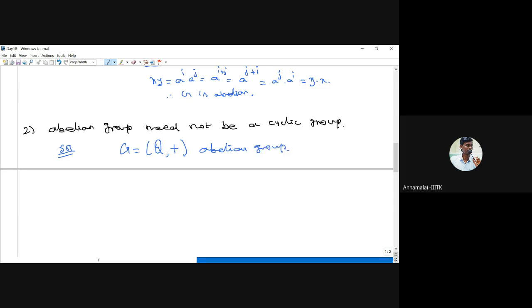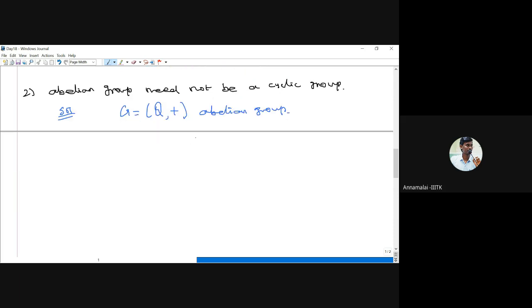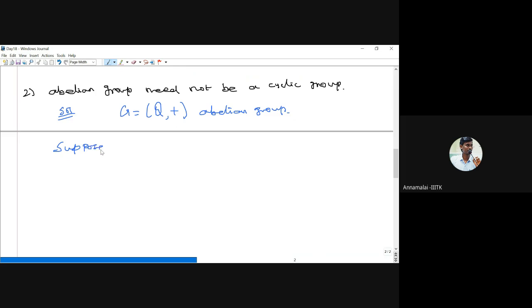But Q under addition is not a cyclic group. Why is it not cyclic? Suppose Q under addition is a cyclic group, then what will happen? Cyclic means the group is generated by a single element, and that element comes from the set.